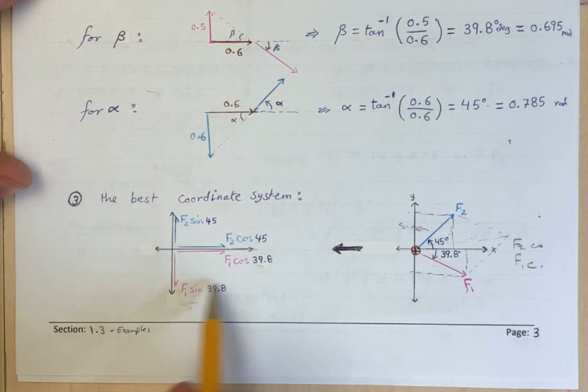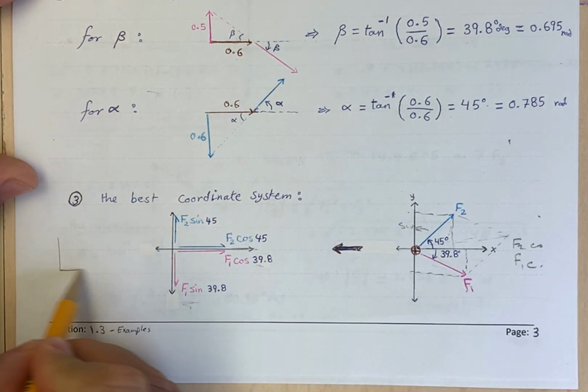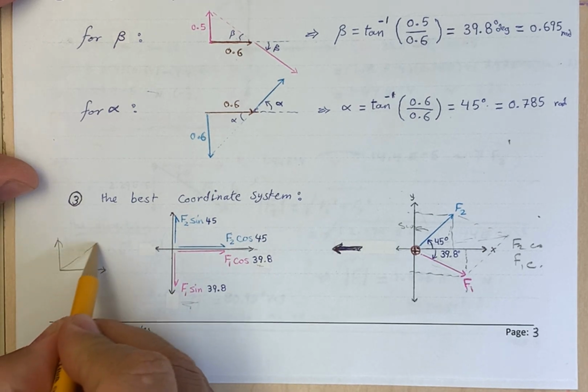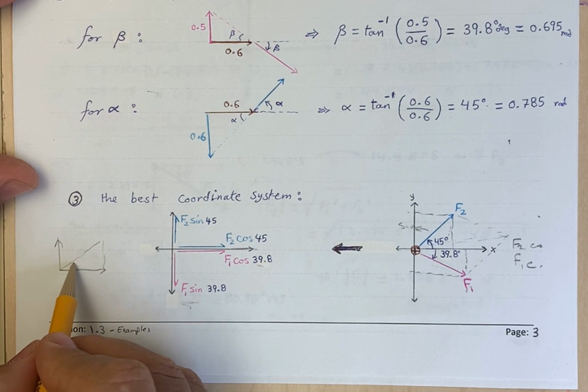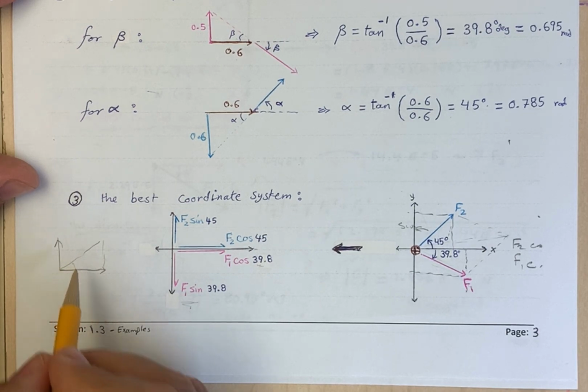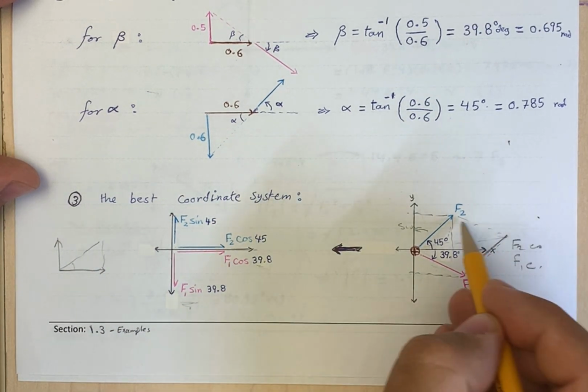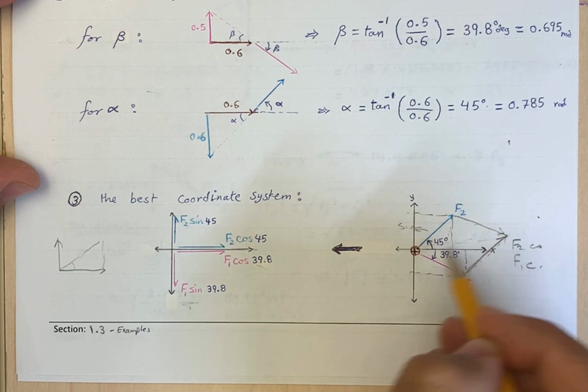We did this just to put our forces on a right triangle, to make computing the resultant force using the Pythagorean theorem and the trigonometry relations easier. But we can also find the resultant force by completing the shape here.